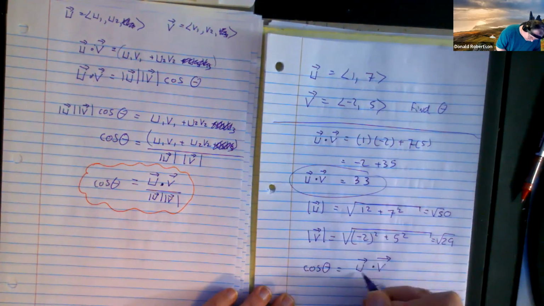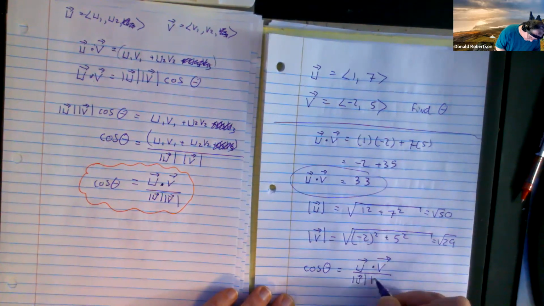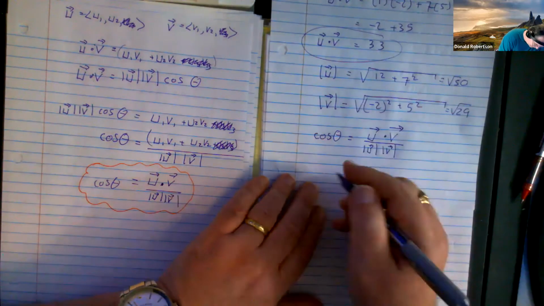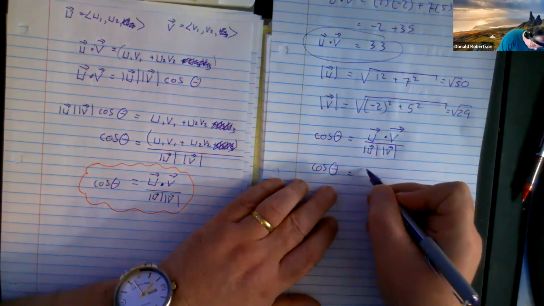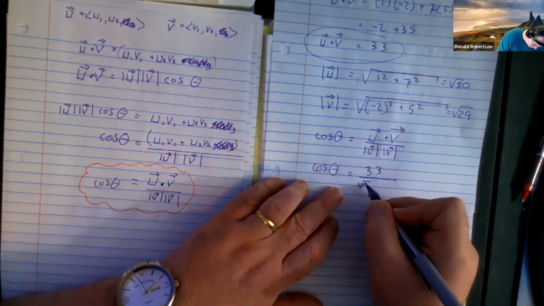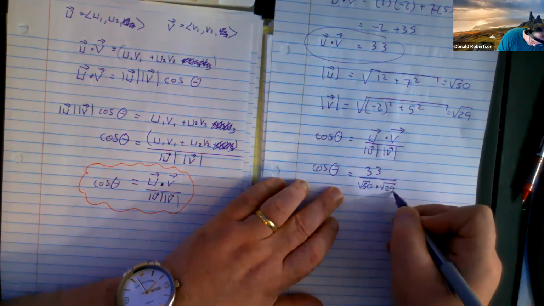So we have a dot product over this guy times this guy. So the cosine of the angle between them is the dot product, which is 33, over the square root of 50 times the square root of 29.